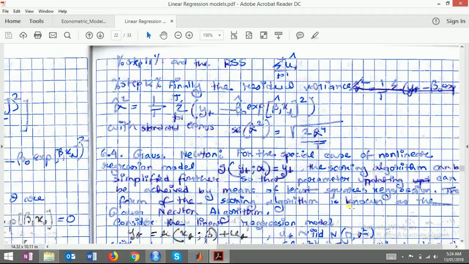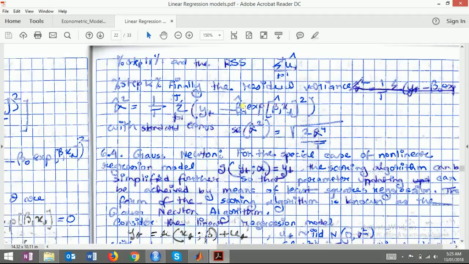Variance. The residual sum of squares is, we already estimated the residual, this time we just sum all residuals up, and we have the residual sum of squares. Finally, the residual variance sigma square is 1 by t. This is the equation part.